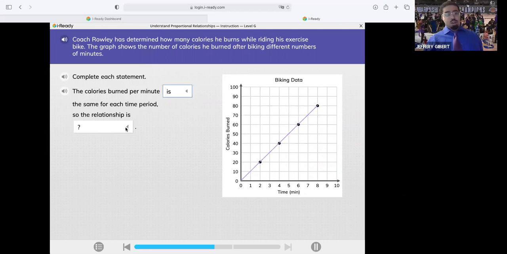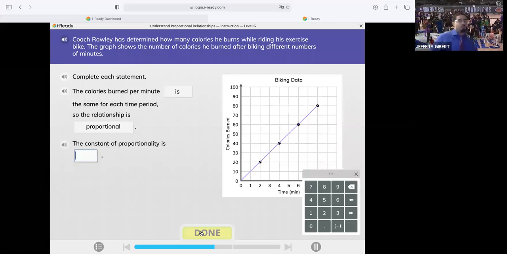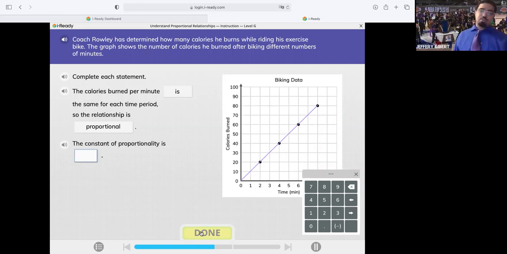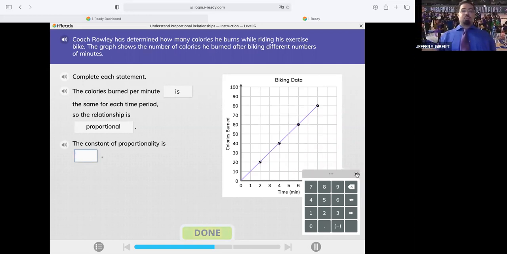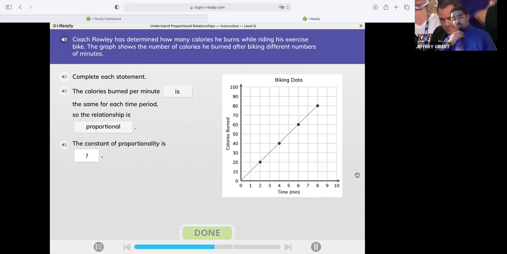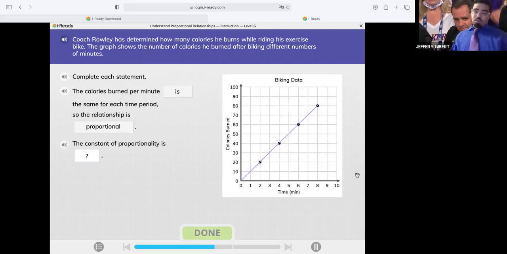Then I think they're going to ask you for the constant of proportionality. All right, so what is the constant of proportionality? 0.10. That's if you did the x divided by the y.